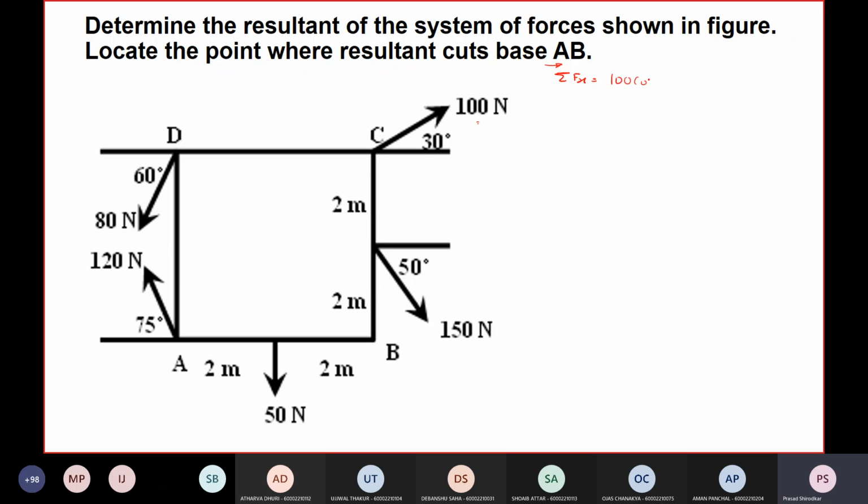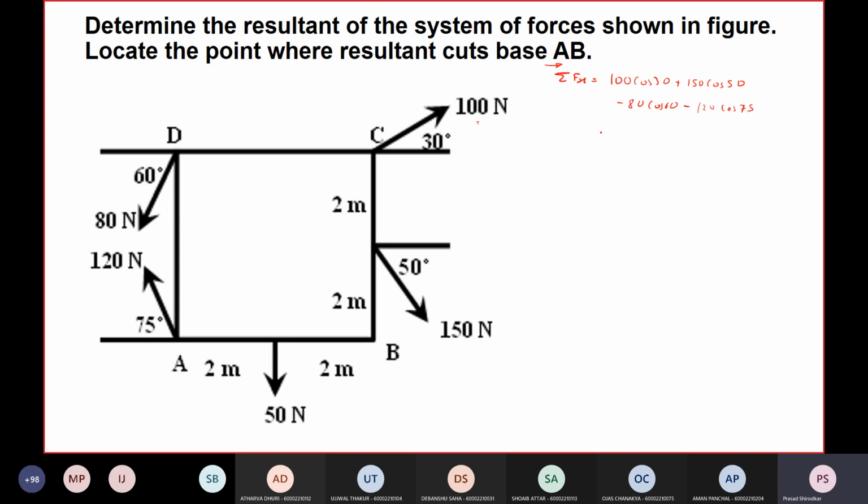So 100 cos 30 plus 150 cos 50 minus 80 cos 60 minus 120 cos 70. 120, correct, 120 cos 70.